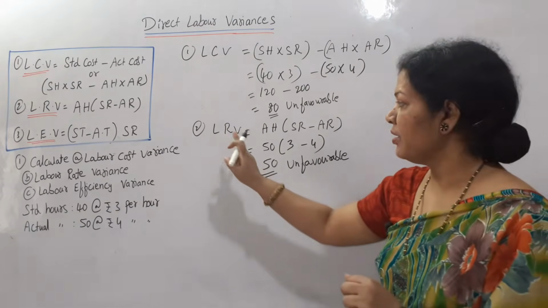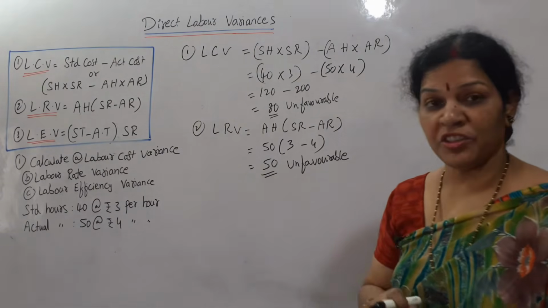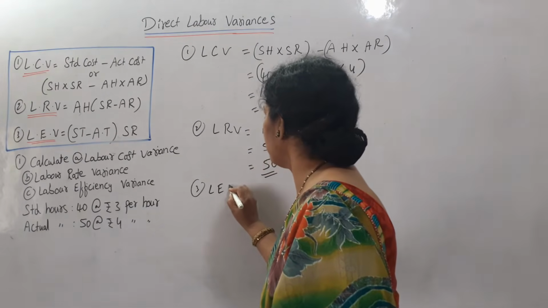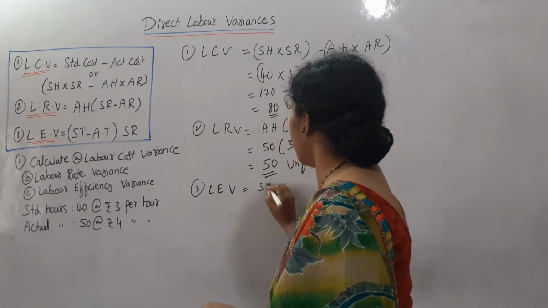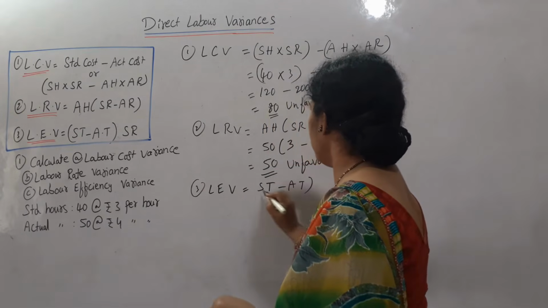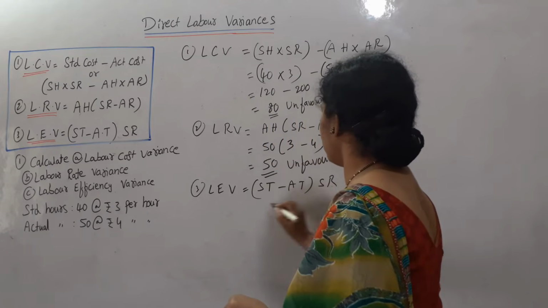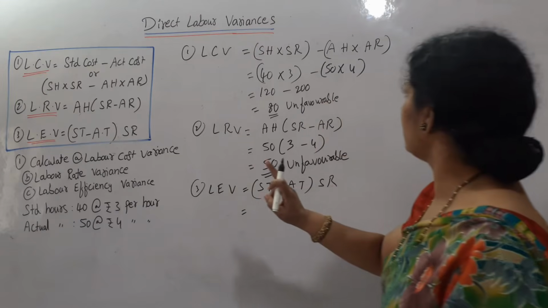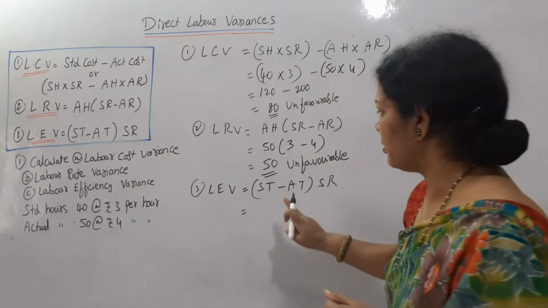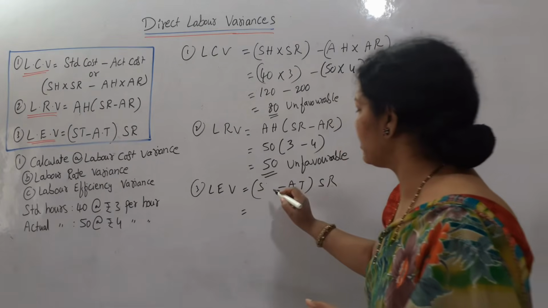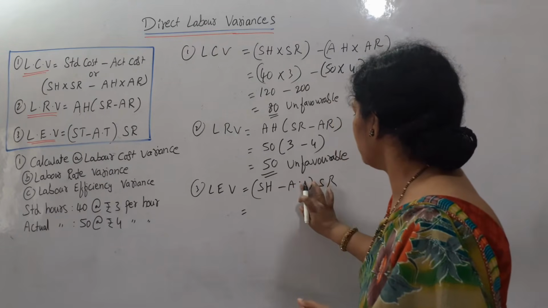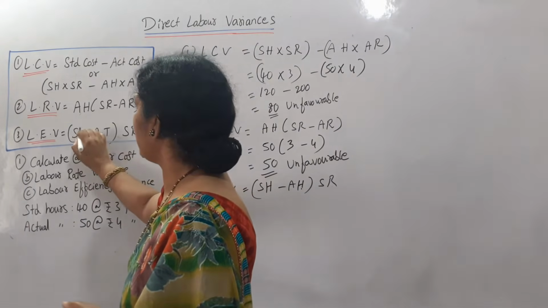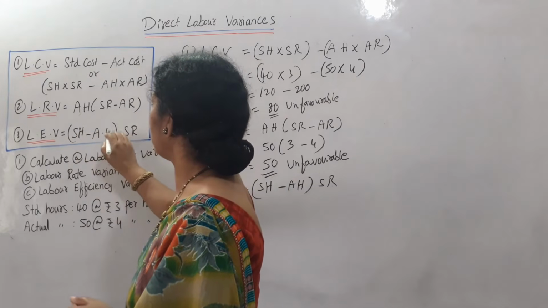Next one is labor efficiency variance. The formula is standard time minus actual time into standard rate. Standard time is nothing but standard hours only, so rather than confusion, we can take standard hours and actual hours.